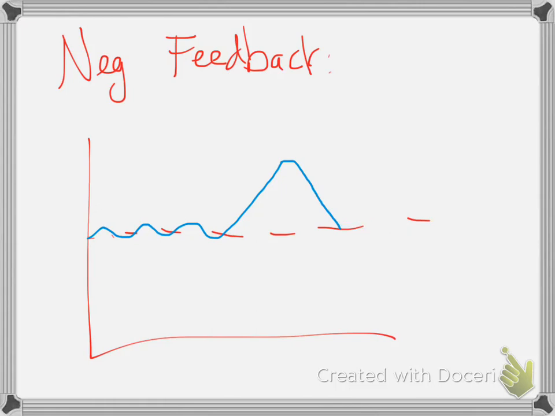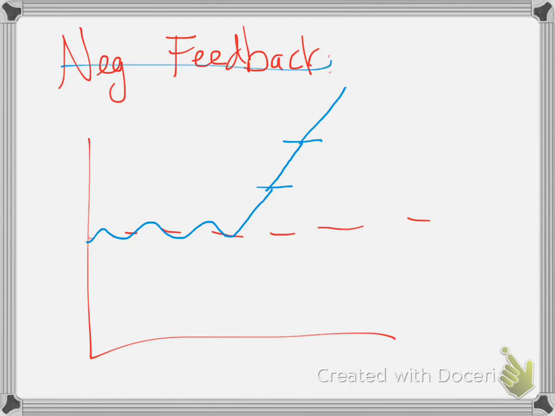Positive feedback would be this. So we get a change, and then something happens, and that change triggers more of the same change. That continues to trigger more of the same change. That's actually positive feedback. Now, regardless if we are doing negative feedback or positive feedback, there still are receptors involved.